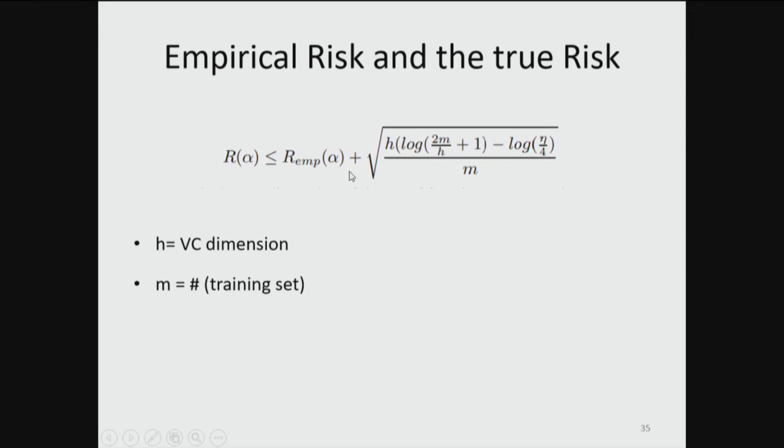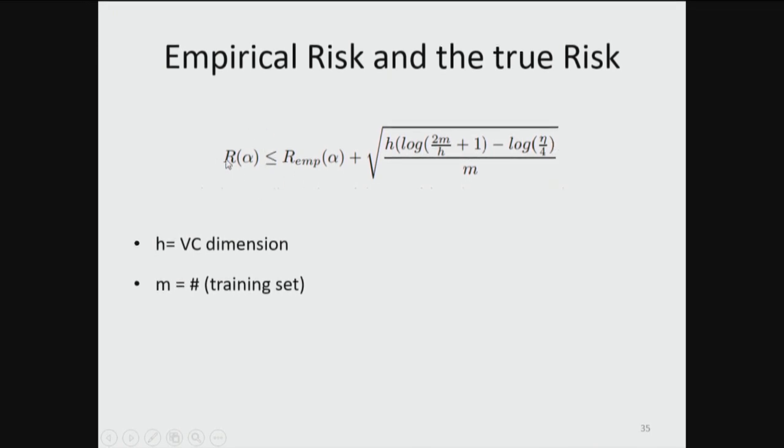Therefore, based on the training error, the VC dimension of the hyperplane we formulated to separate data values, the number of elements used in the training set, and a pre-assigned positive value eta, we can have an upper bound.